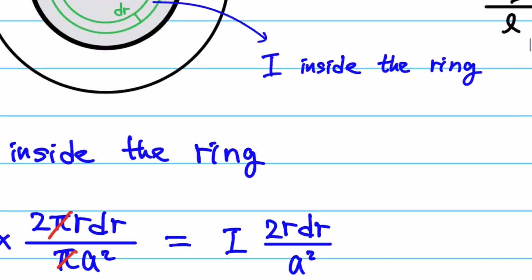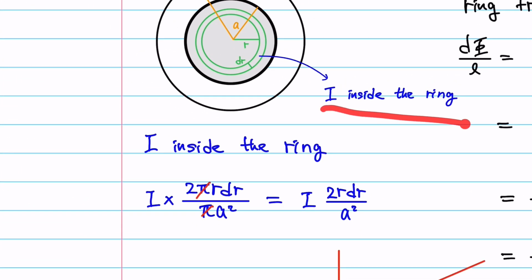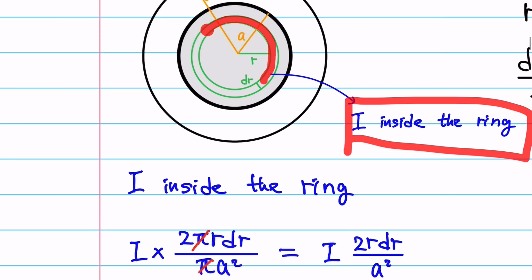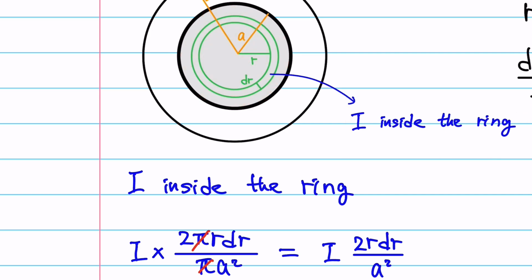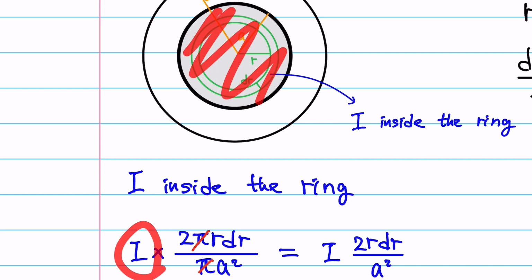Yeah, a quick side note: the current inside the ring is basically the surface area of this ring divided by the circular surface area, because that's the ratio, and multiplied by I, because I is the total current flowing in this gray area.